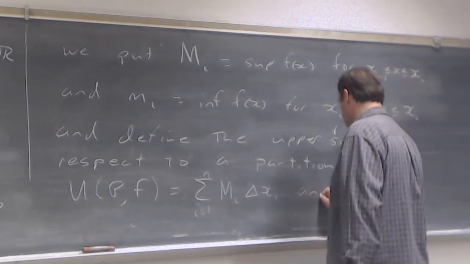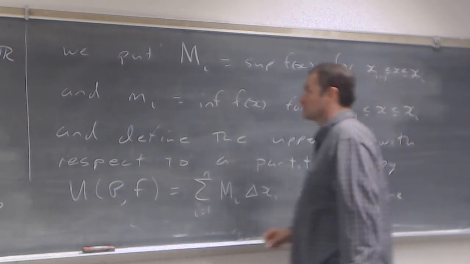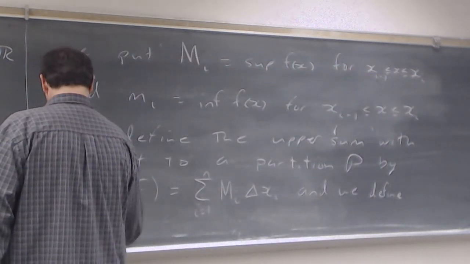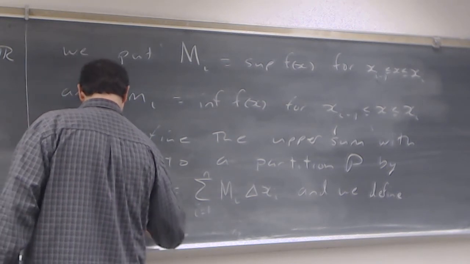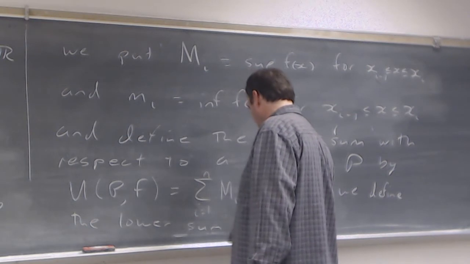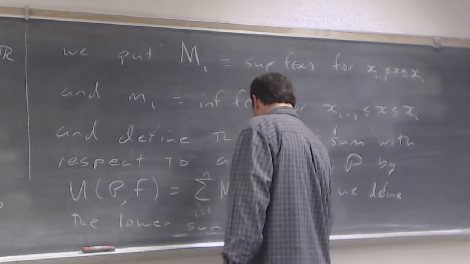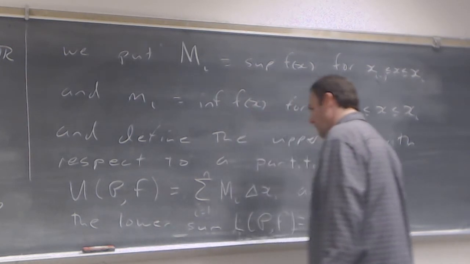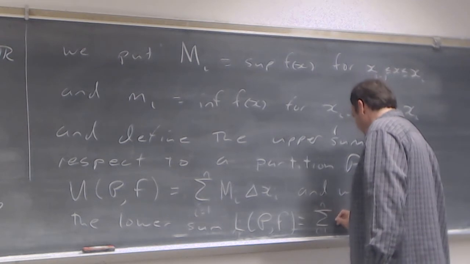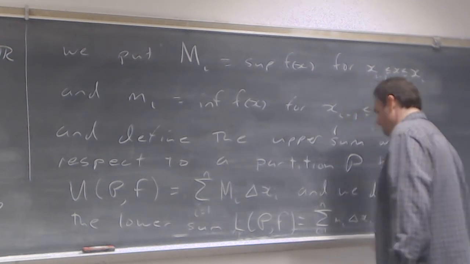And we define the lower sum, denoted by L of script P, f. It's equal to the sum as i runs from 1 to n of the little m sub i times delta x sub i.